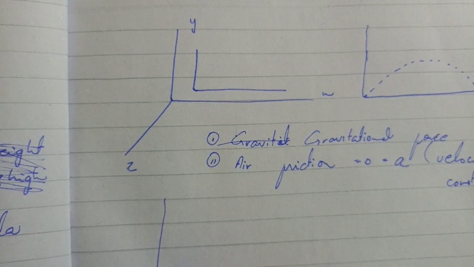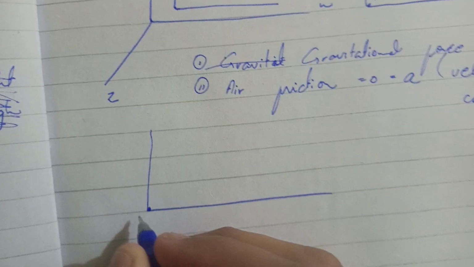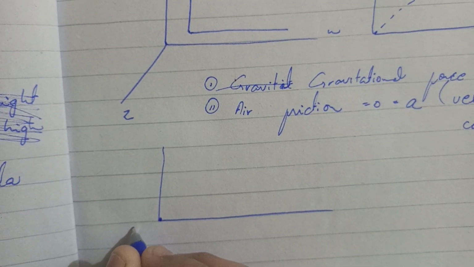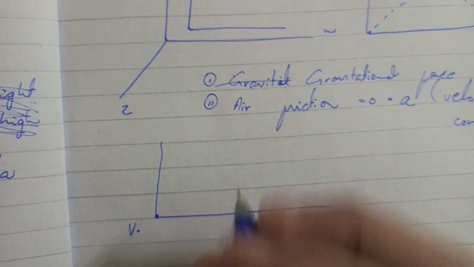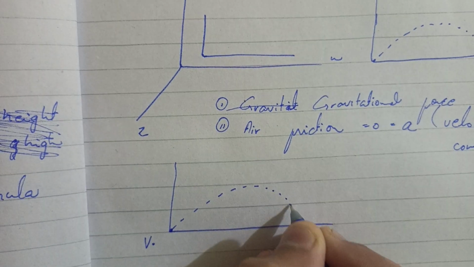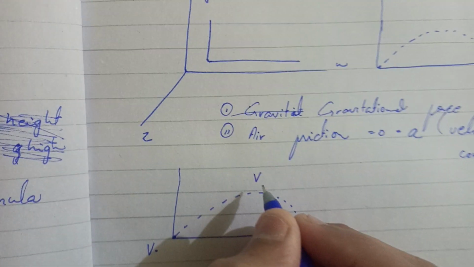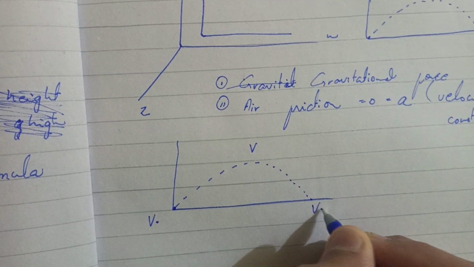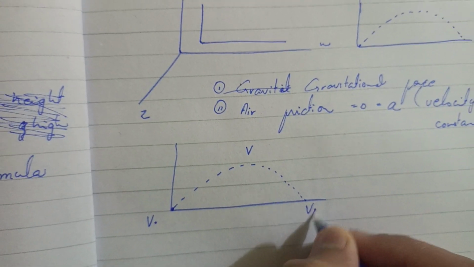Now we are talking about the other things as well. For example, this is the projectile motion, and this is the initial point. We call the initial velocity v naught. When we throw the ball and it goes like this, this point is called v, or you can say final velocity, vf.